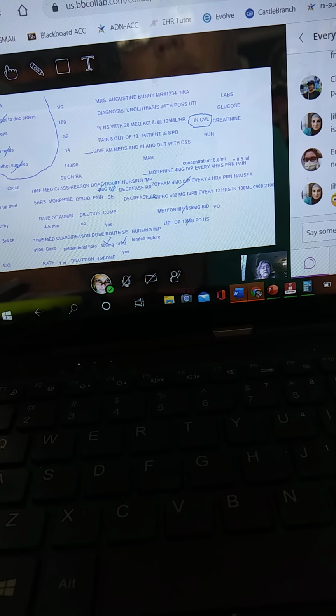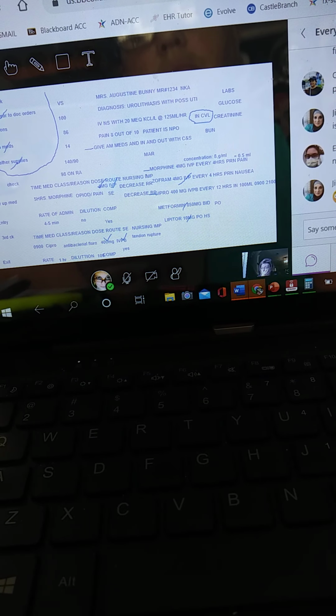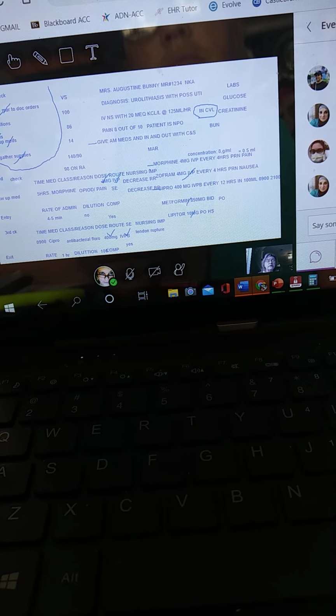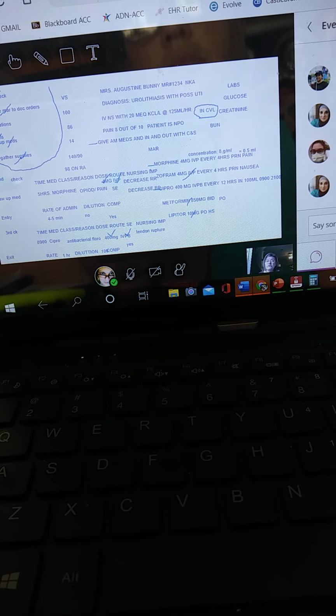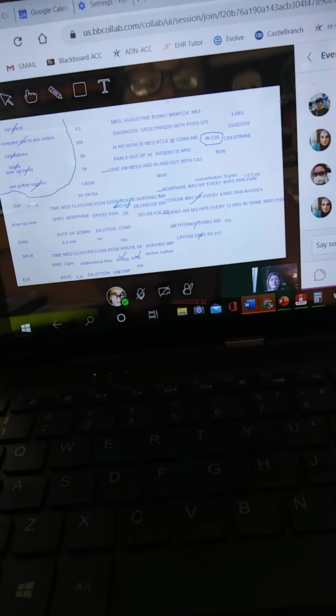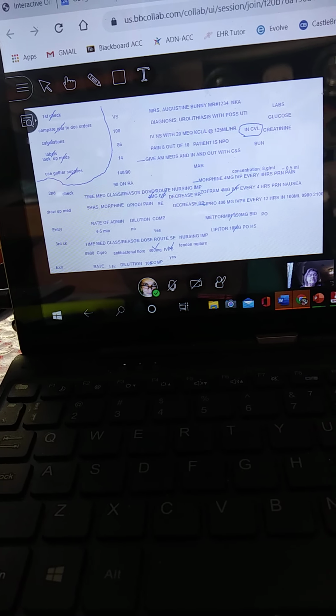The IV piggyback is compatible with the normal saline, and it's also compatible with the KCl that's hanging. The book says to infuse over 1 hour. It's in 100 milliliters, so I'm going to set my pump at 100 milliliters per hour. I have completed my second check.